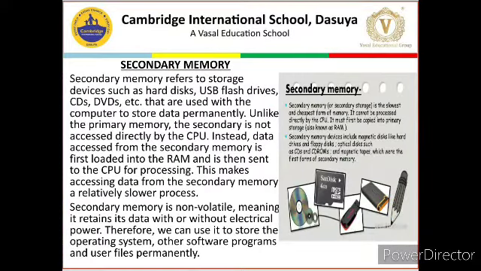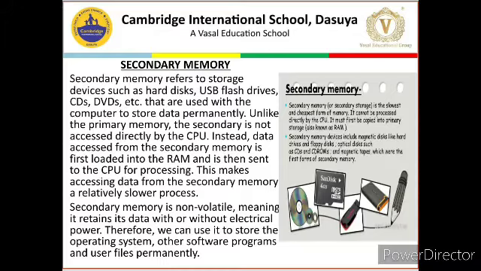Secondary memory refers to the storage devices such as hard disks, USB flash drives, CDs, DVDs, pen drives, and many more nowadays that are used with the computer to store data permanently. Unlike the primary memory, the secondary memory is not accessed directly by the CPU.